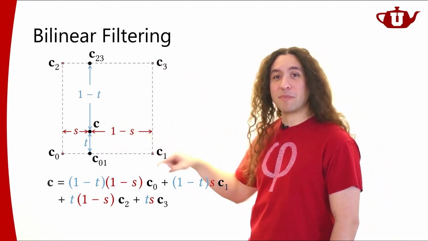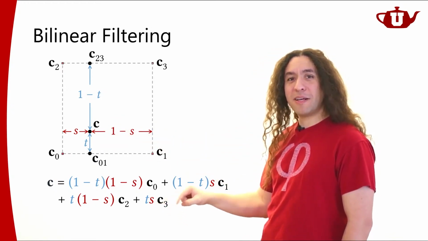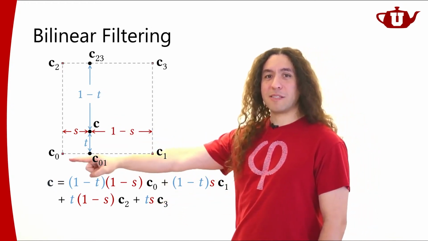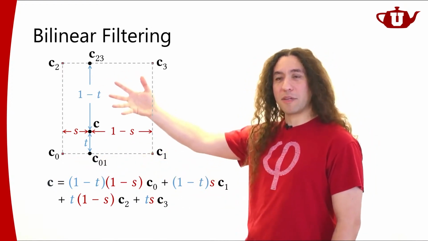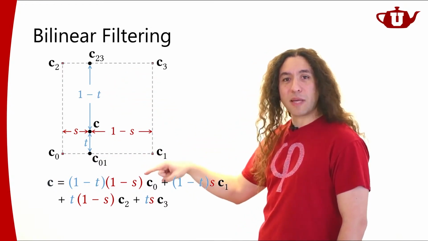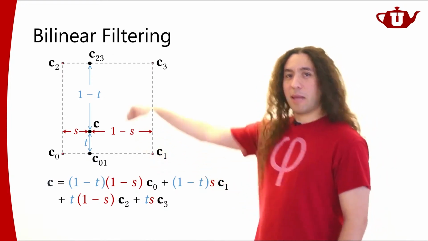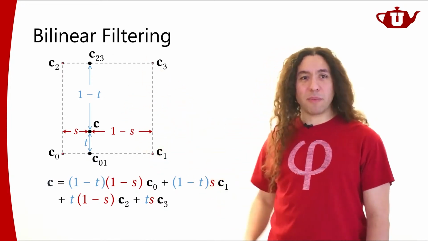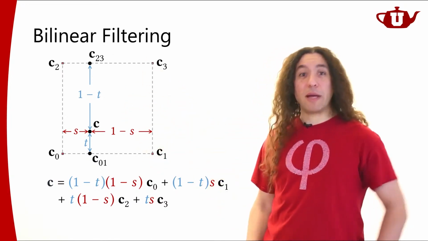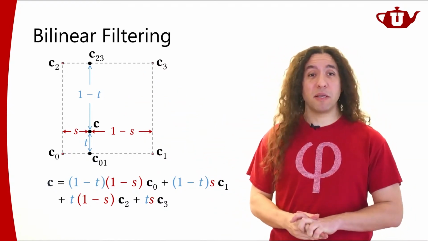That's S times T. Is that right? Yes, C3 is multiplied by S times T, right? So C0 is multiplied by this area over here, right? So it's going to be 1 minus S, 1 minus T. Right? C0 is multiplied by 1 minus T, 1 minus S, right? And same goes for C1 and C2. They're multiplied by the opposite areas.